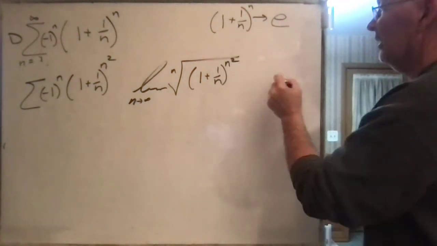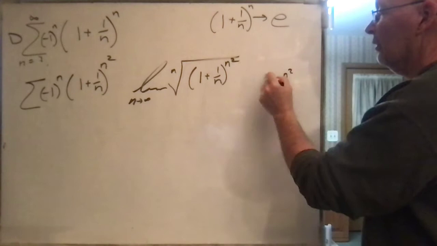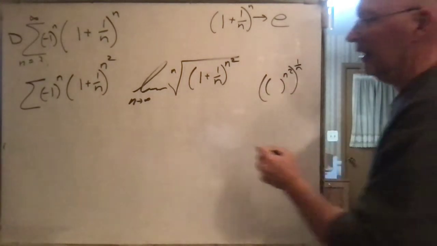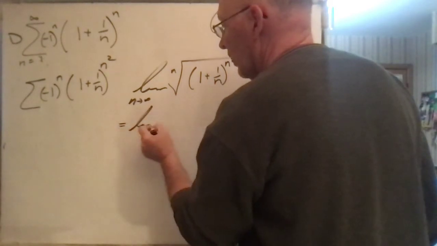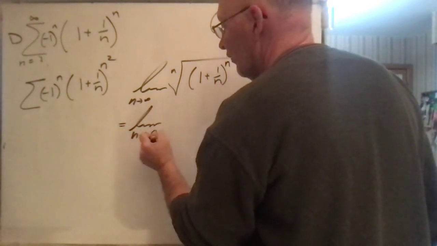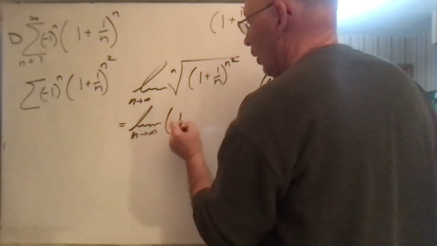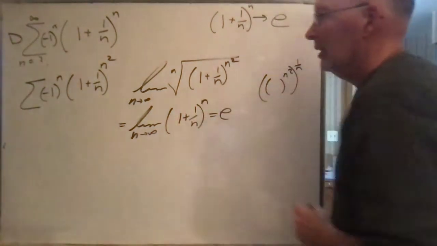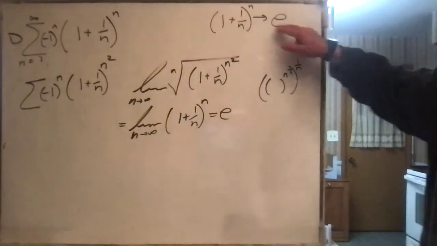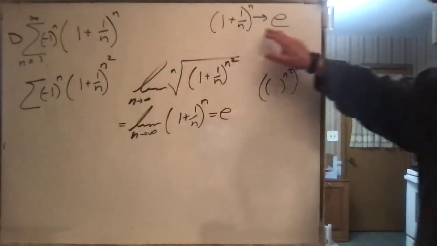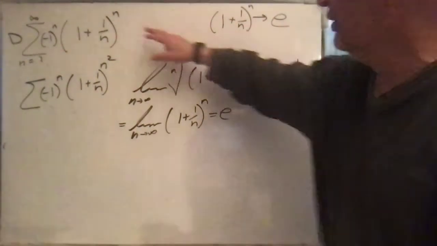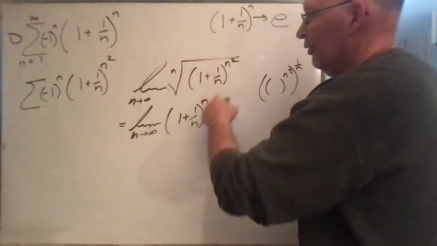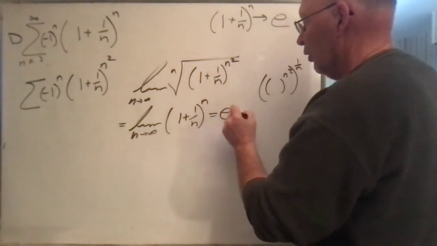And so that's going to be this thing, n squared, all to the 1 over n. And so you multiply those, and that's going to be the limit as n goes to infinity of 1 plus 1 over n to the n, which is e. Here, we said it diverged because the terms are going to e. Here, we're going to say it diverges because it's the nth root of these things which is going to e.